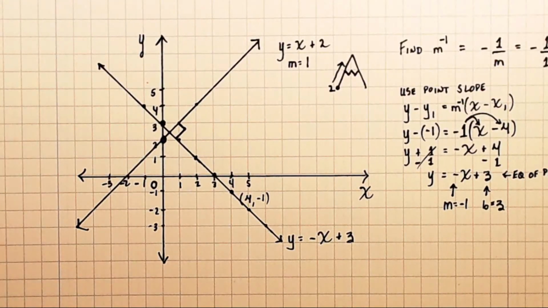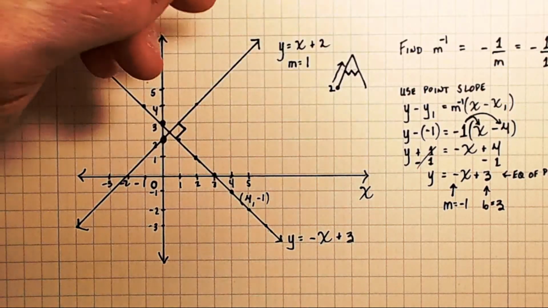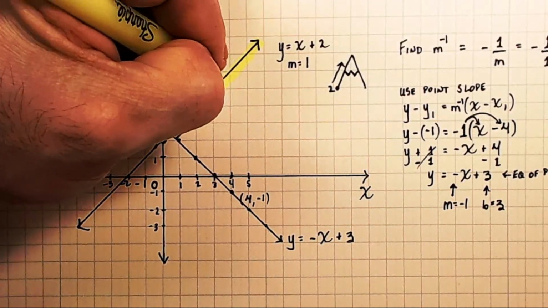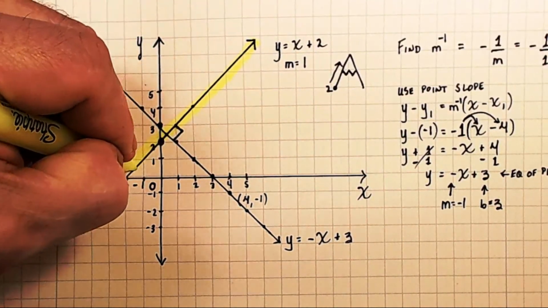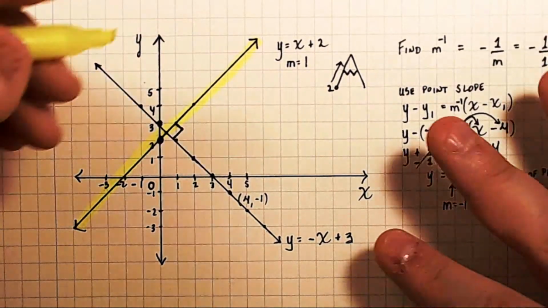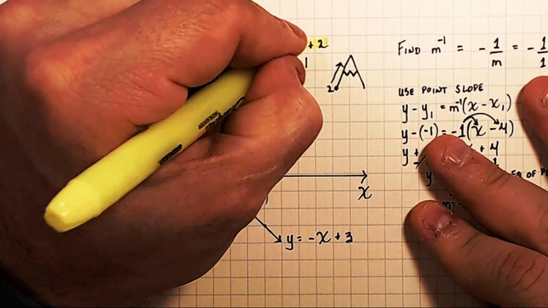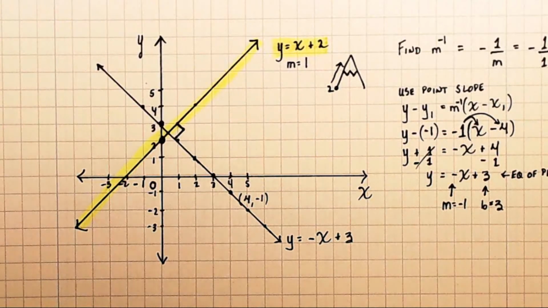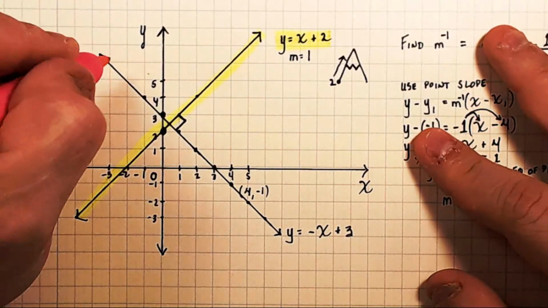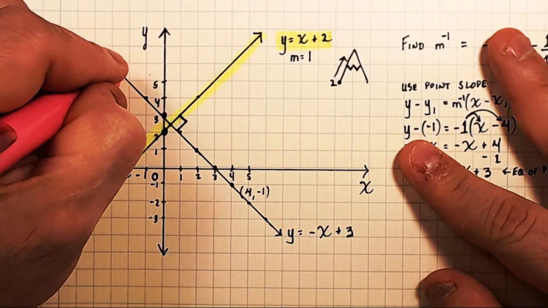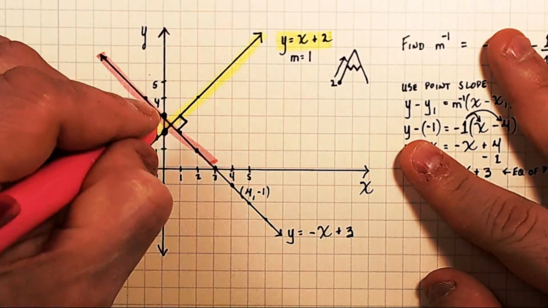Now, it's my practice and your option to highlight your lines and the equations associated with them. But that's up to you. It helps me visually and brings a little bit of color and art into the process.